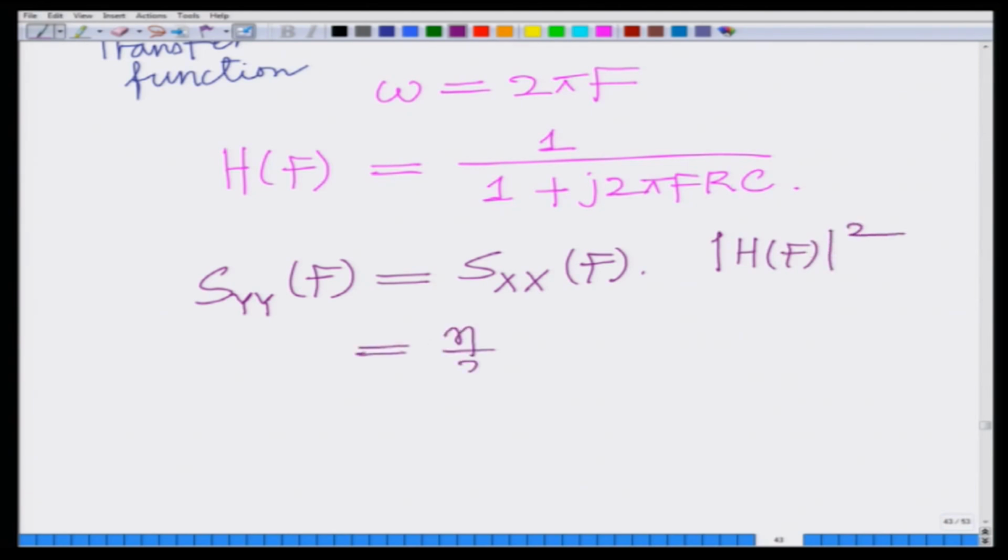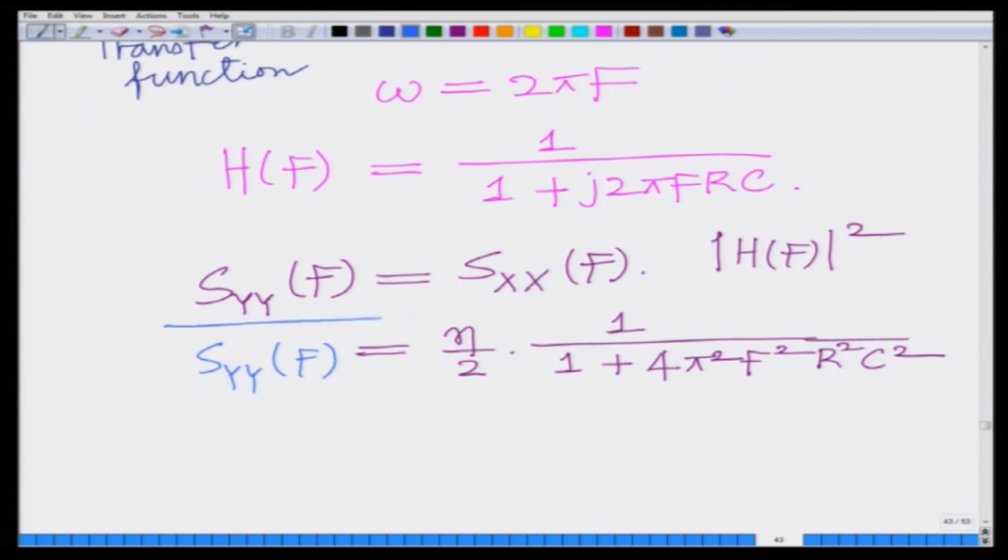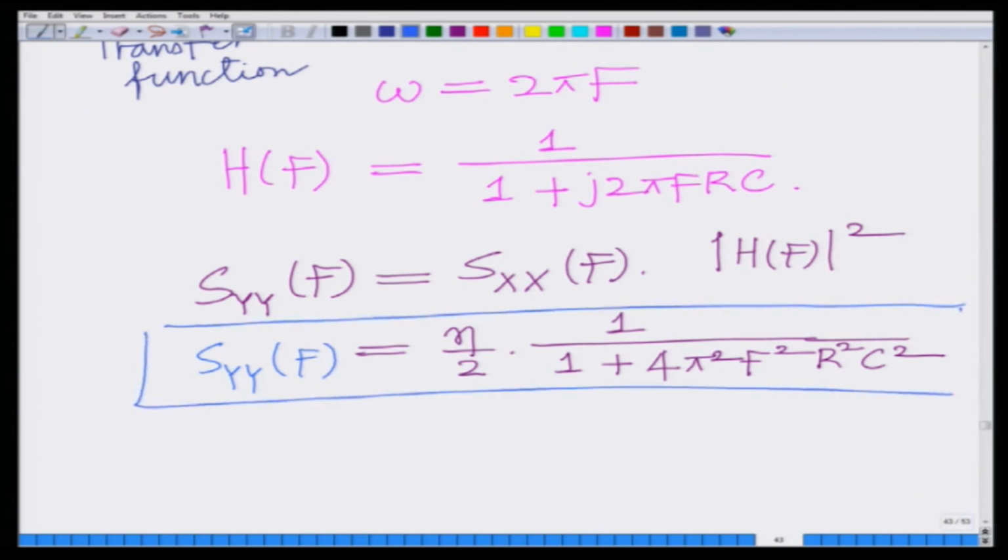Now Sxx of f is eta by 2, that is white noise, remember, white noise of power spectral density eta by 2, times magnitude H of f square, which is 1 over 1 plus 4 pi square f square R square C square, and therefore I have my expression for the power spectral density. What is Syy of f? This is the power spectral density of your output random process y of t.